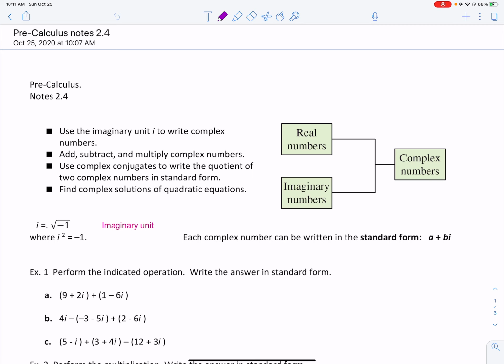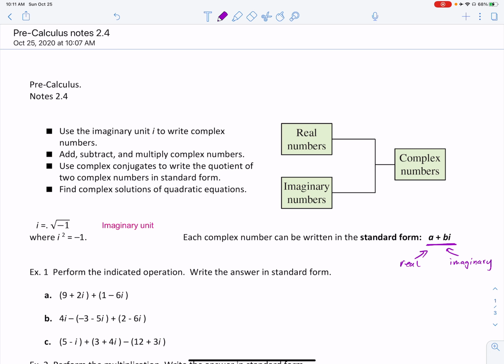Each complex number can be written in standard form, a plus bi, where a is your real part, and the bi is your imaginary part. Again, the square root of -1 is i.